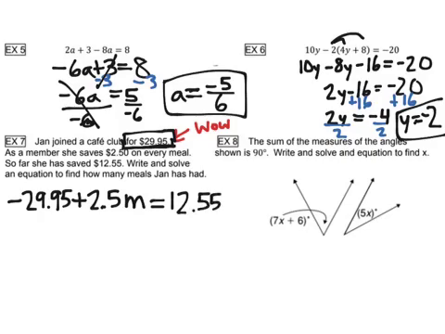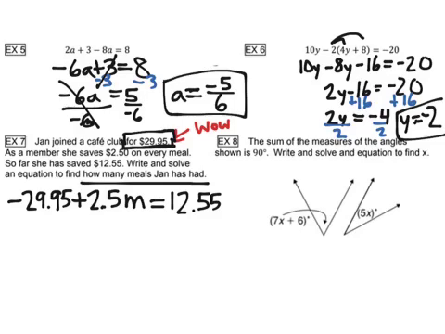We're going to write and solve an equation to find out how many meals she has had. So that's that M there. So we're going to solve it for that. So at this point, it's definitely an equation that's within your realm of possibility because we just did example 5 and example 6. So maybe pause the video and try it.